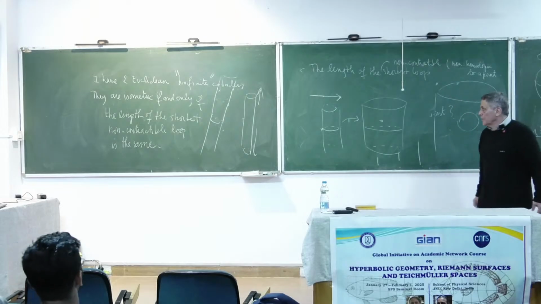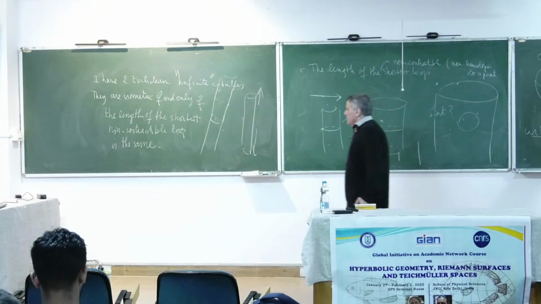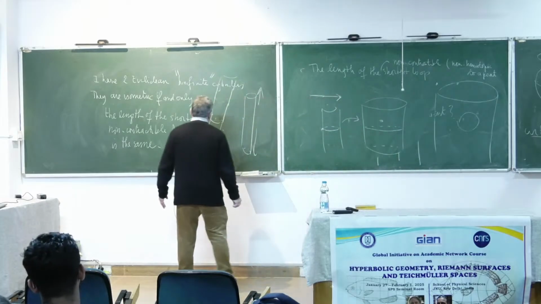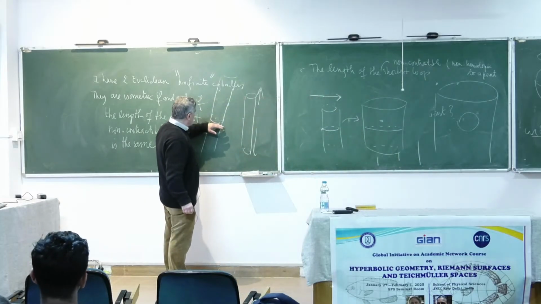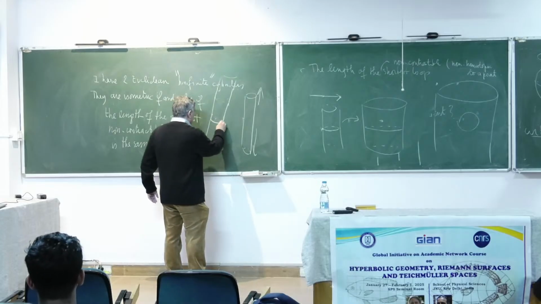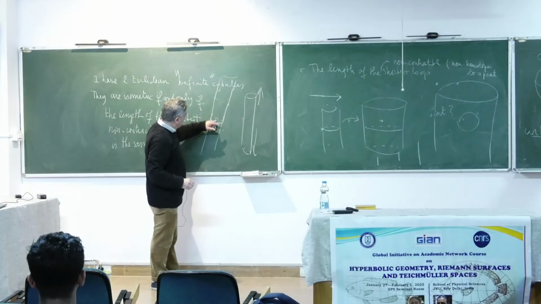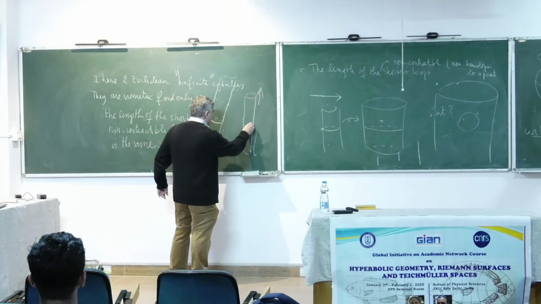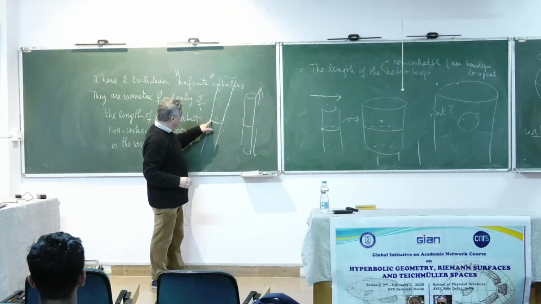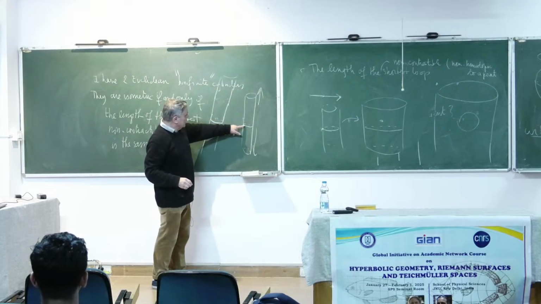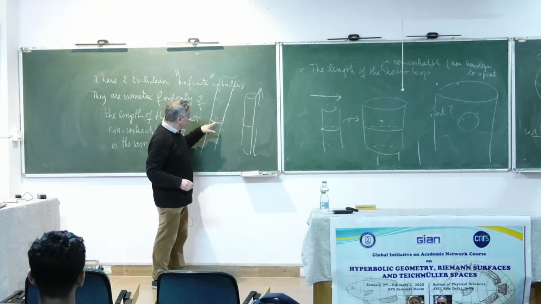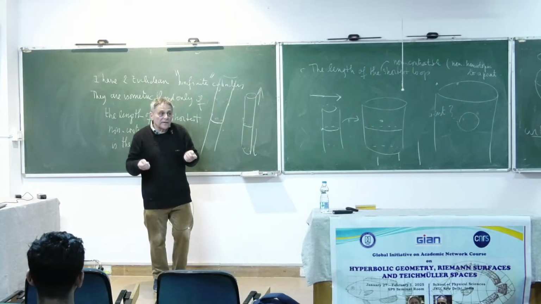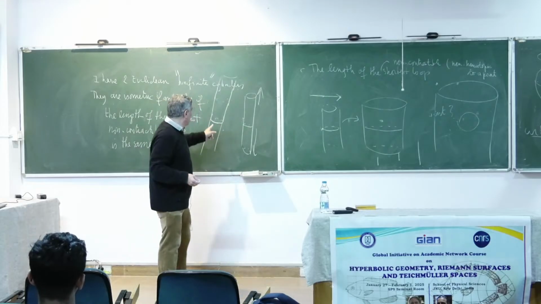If you want to prove this, you consider a shortest loop here and a shortest loop here, and since they have the same length, there's a length-preserving one-dimensional map between them.